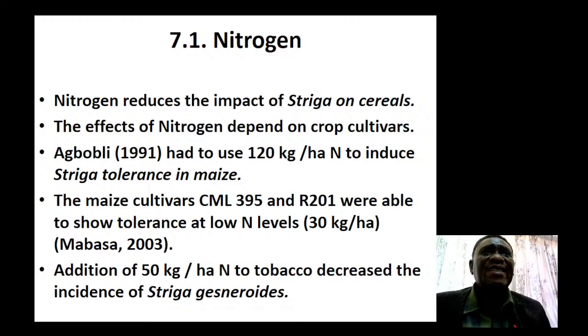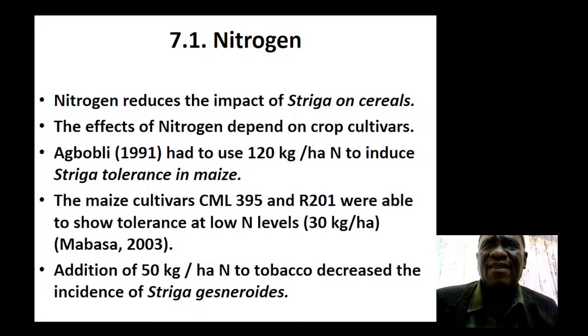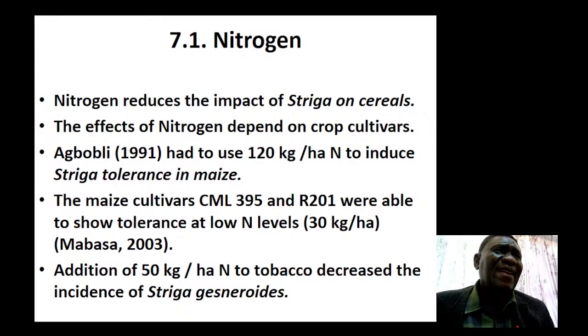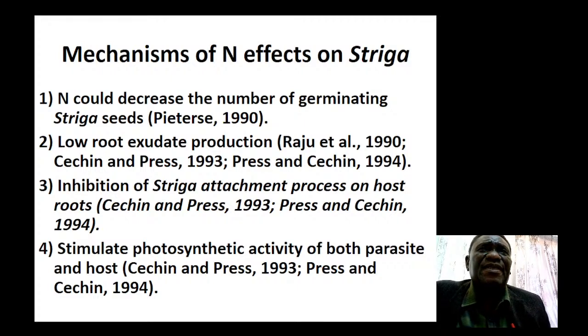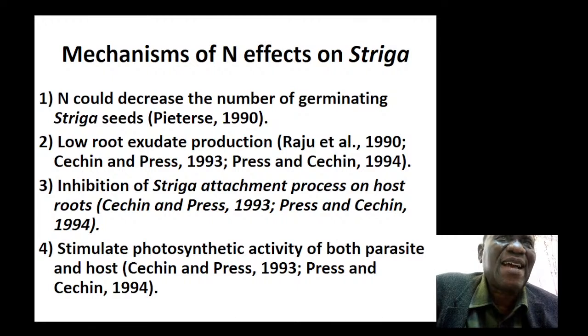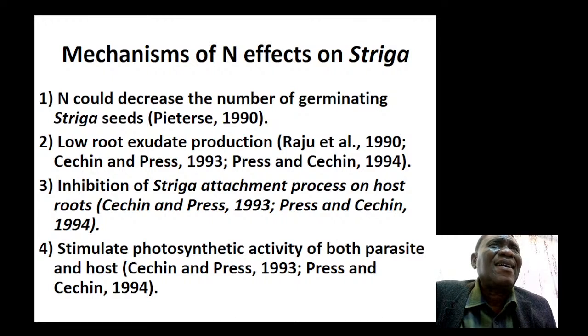So addition of nitrogen can actually reduce the impact of striga. So what are the mechanisms? How does nitrogen affect striga?